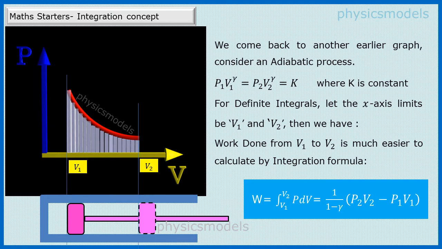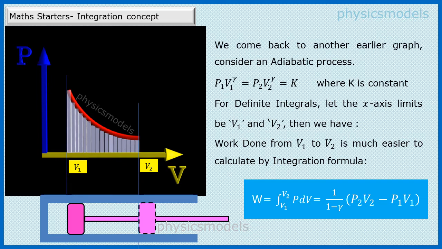They are all constant. With that, if you integrate this as work done, the integral of P into dV, you can see in the blue rectangle, from volume V1 to volume V2, we will get 1 by 1 minus gamma into P2 V2 minus P1 V1.